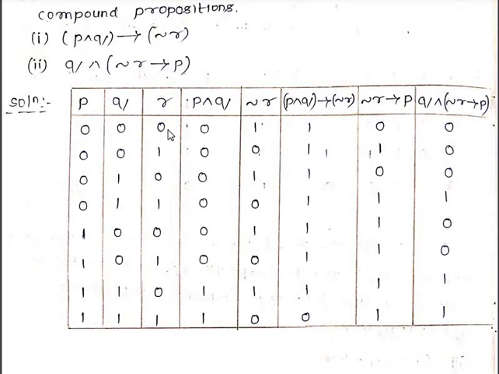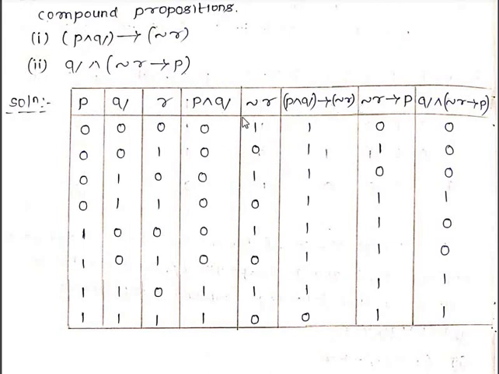Wherever 1, put 0. Similarly, 0 means 1, 1 gives 0, 0 gives 1, 1 is 0, 0 means 1, 1 gives 0.